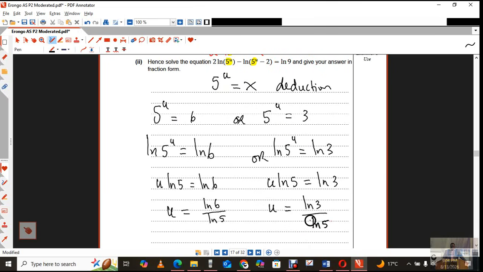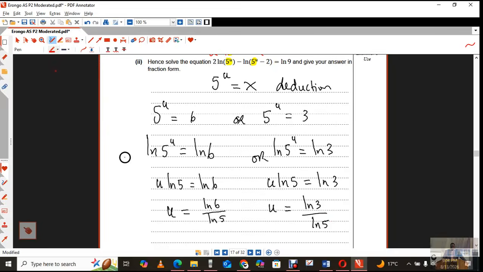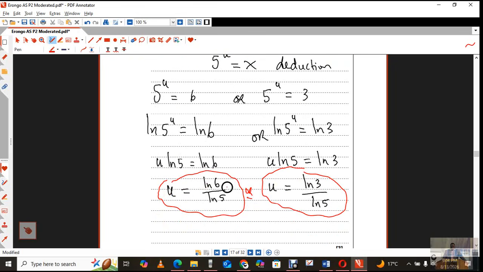Essentially, that's what we're looking for, and those are the solutions. So the answer is a fraction, can you see? Natural log of 3 upon natural log of 5, or natural log of 6 upon natural log of 5. Good. You could use log 6 over log 5. That's basically what I'm saying there.